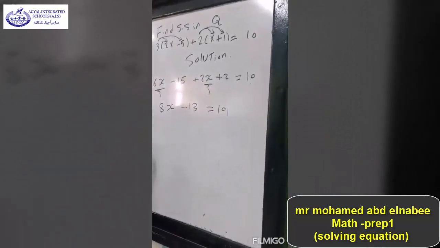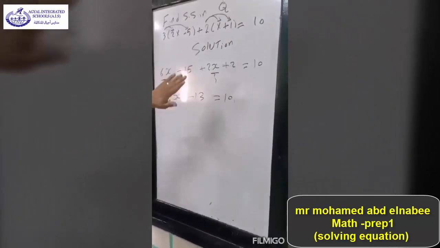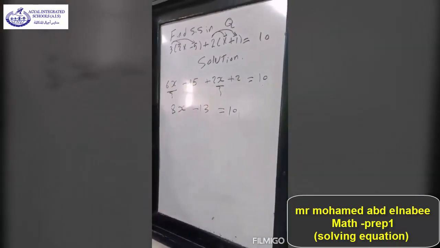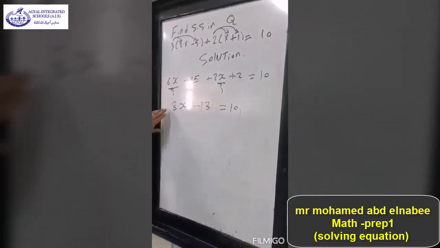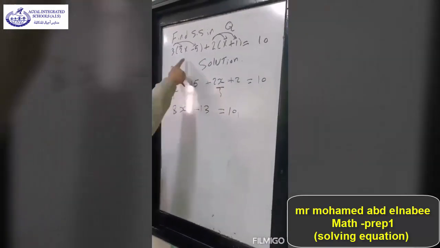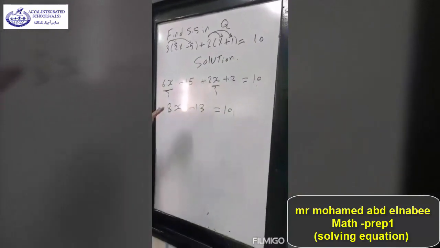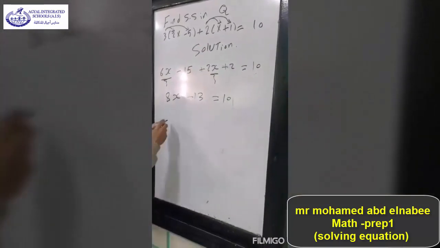It becomes like all the problems which you studied before. After we expand the 2 brackets, remove the brackets and simplify, the problem is easy. The hard part is the first step only: how to expand and how to simplify. But after that, it's a very easy problem.